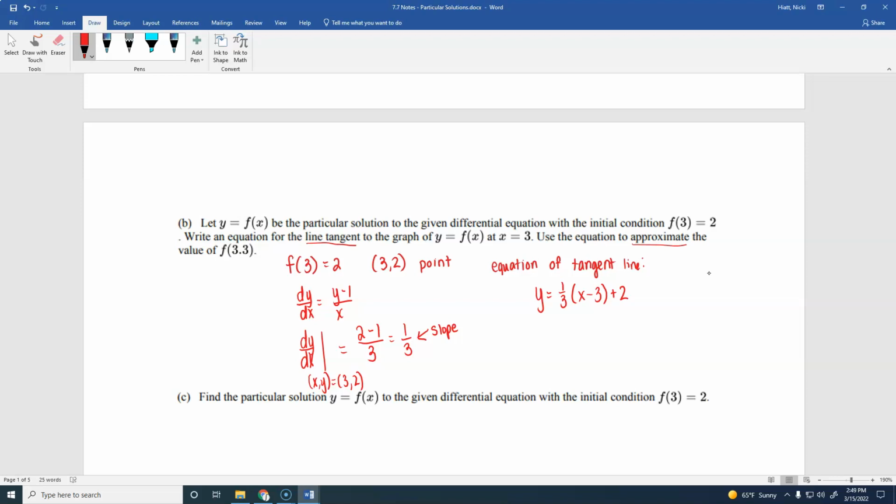So how do we do that? Plug it in. Just plug it in. And when you do this, you need to label it. So you need to say f of 3.3, and use the squiggly equals, although they might have mercy on you if you don't. But it's an approximation. It doesn't equal this exactly. And then we'll do 1/3 times (3.3 minus 3) plus 2.